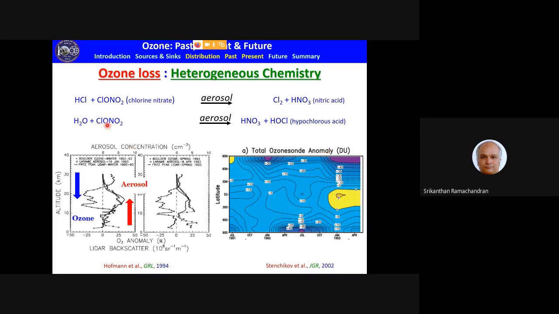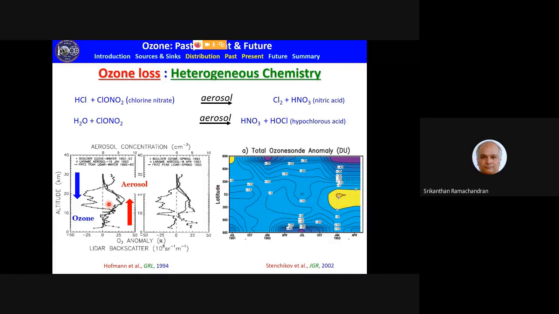So the chlorofluorocarbons, which then get broken into hydrochloric acid, chlorine nitrate, etc. These reactions occur on the surfaces of aerosols, which are solid or liquid, and then produce the Cl2, break the ozone, and produce the chemicals that will actually deplete ozone.